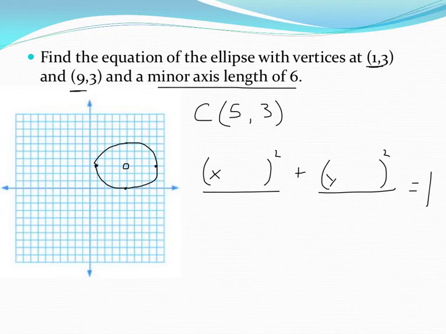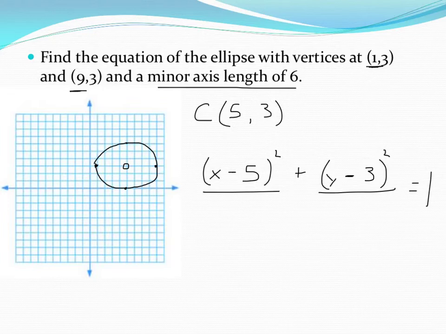So now I start filling in this information. This should be the quantity (x minus 5) squared, and the other one should be (y minus 3) squared. And remember, what's going to go underneath of each of these quantities squared will be the corresponding radius.